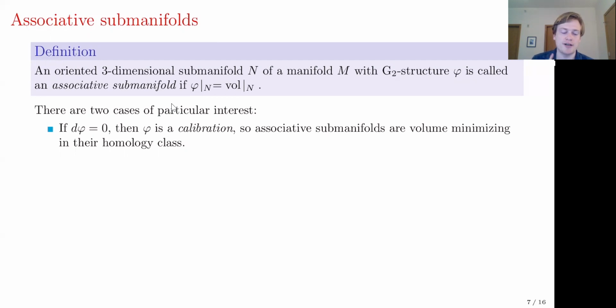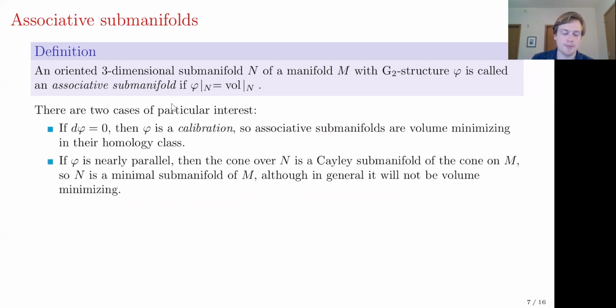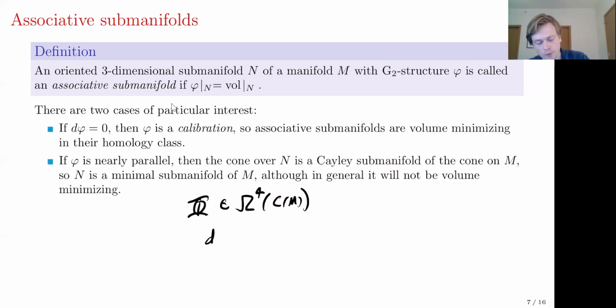Now, in our talk, we talked about nearly parallel G2 structures, which are not closed, but it turns out that if phi is nearly parallel, then the cone over N is a Cayley submanifold of the cone on M. We said that the cone on M had a Spin(7) structure, a metric with holonomy contained in Spin(7), and it turns out that this means there is a 4-form on the cone on M, and that 4-form will be closed.